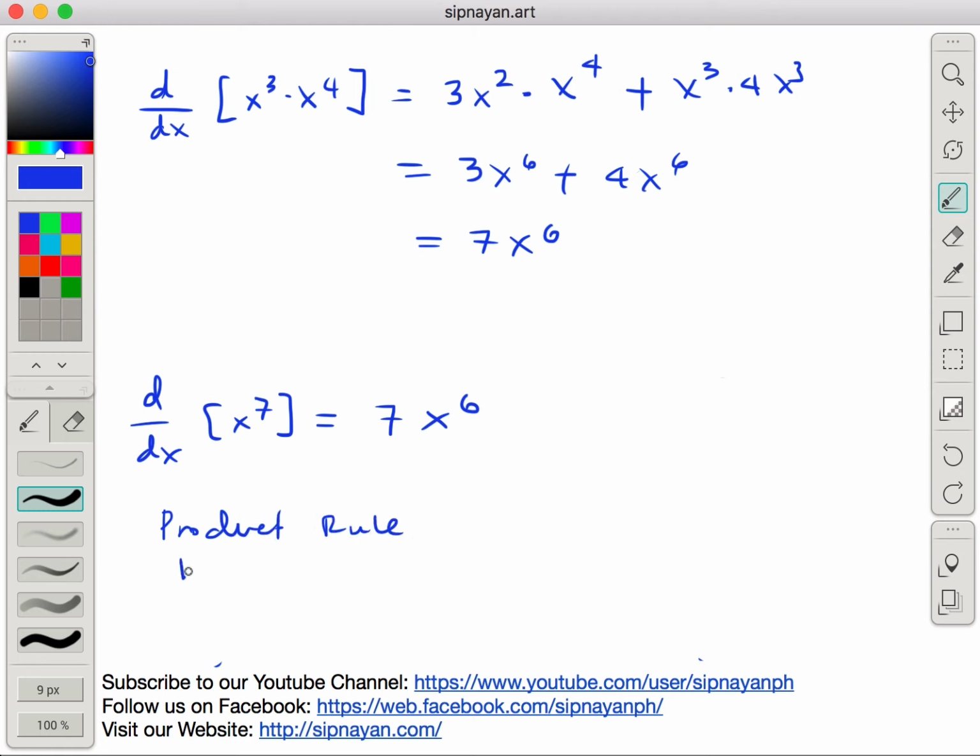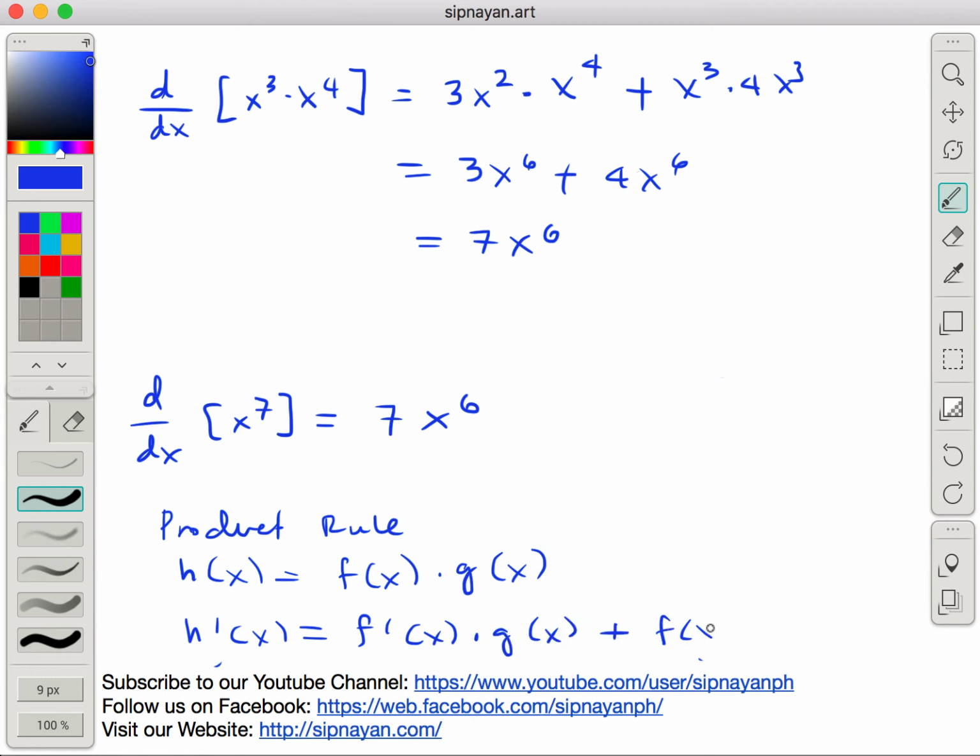So if we have h of x, for example, is equal to f of x times g of x, no? Then the derivative of h is equal to the product f prime of x times g of x plus f of x times g prime of x. No? So baka nagtaka kayo bakit meron ng h of x.